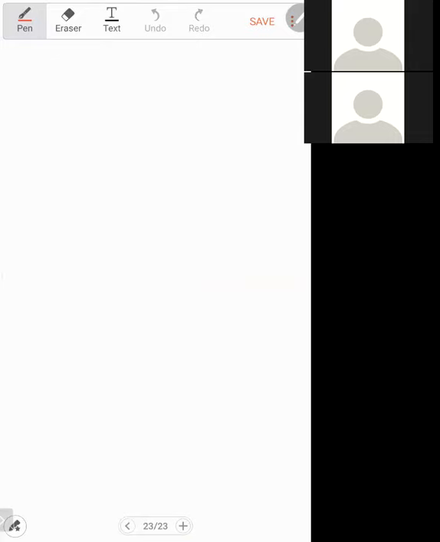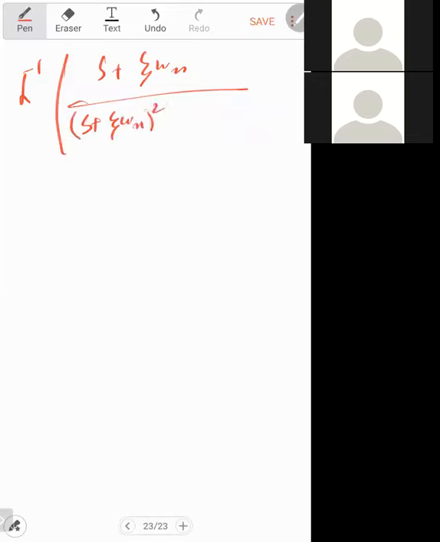So the first one will become equal to the inverse Laplace transform of s plus zeta omega n divided by s plus zeta omega n square plus omega n square root of 1 minus zeta square, and this is squared.